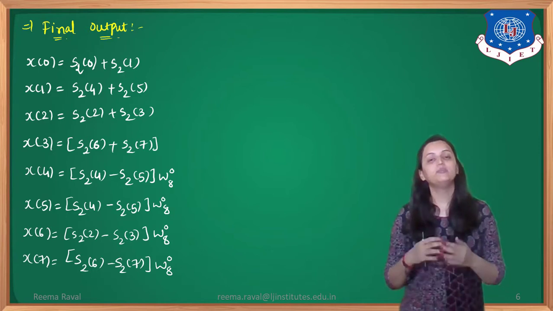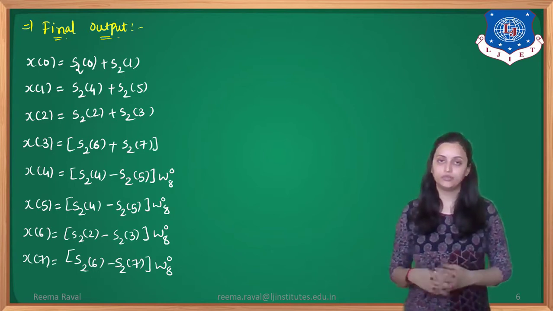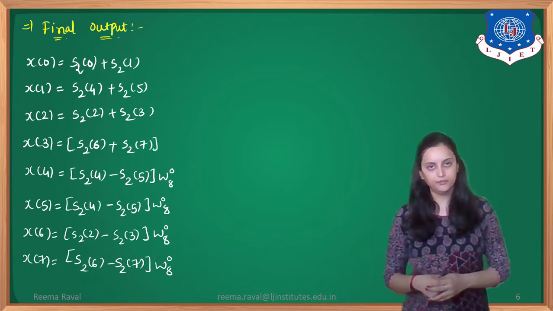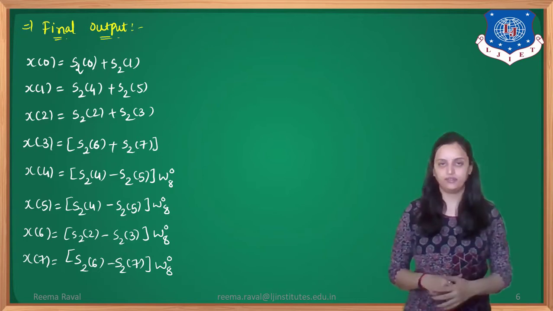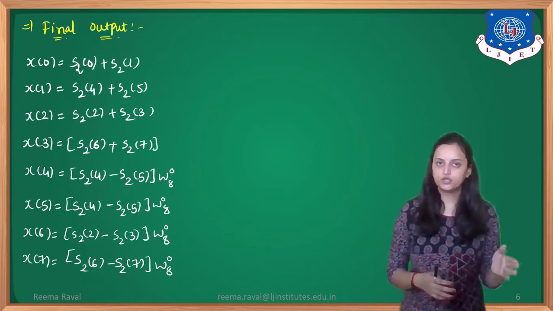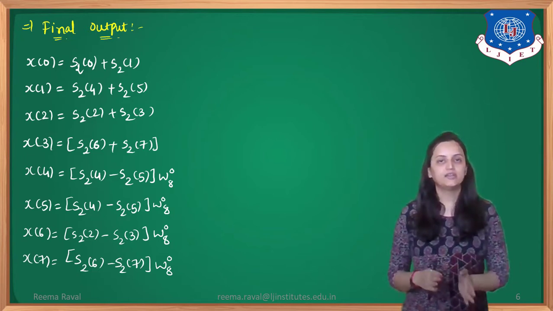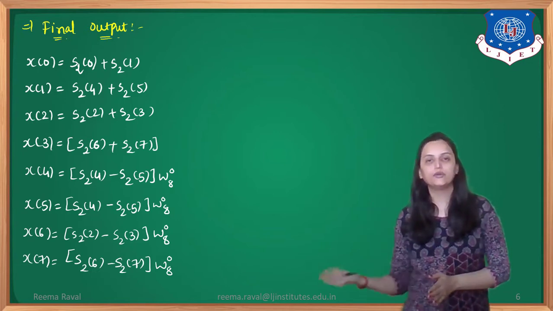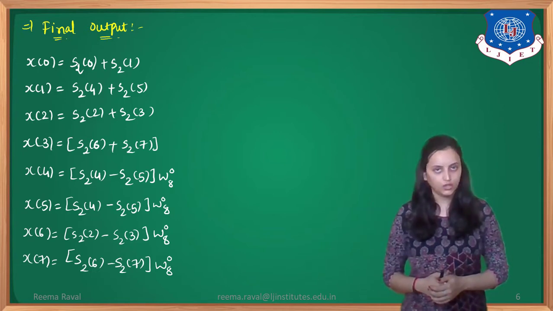So I hope it will be easier for you to calculate the same using the DIF-FFT algorithm. All you need to do is give the input values according to the data given at the input side, and by placing those values in these equations, you calculate the final output. Okay?